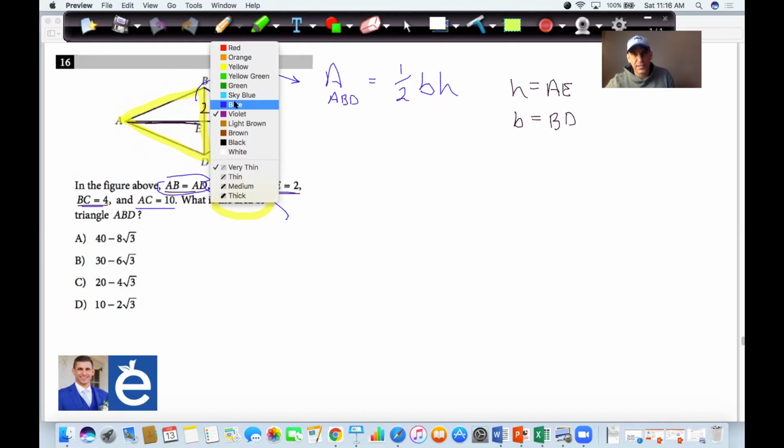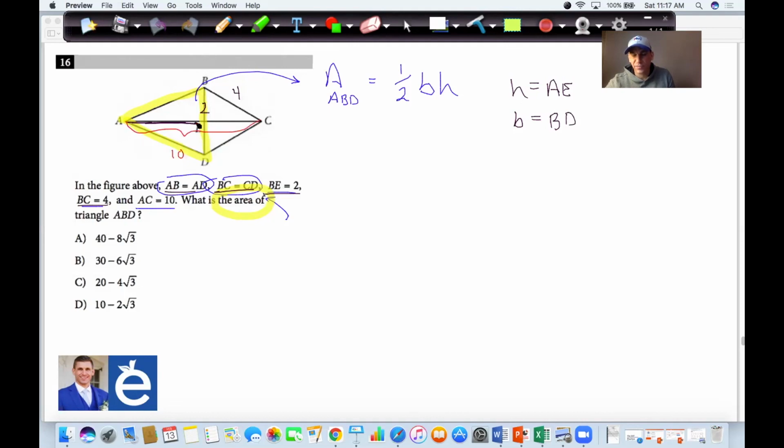So I do notice that they give me the entire line. This entire section here is 10. They do not give me the AE. So what I do know is that AE plus EC will give me my AC, which should be 10.